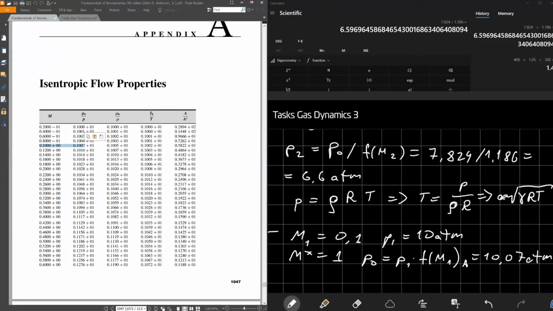Don't forget about units. No matter which units of pressure you are using, you always receive a correct result. But in the calculation of the temperature ratio, you need to always use Kelvin. And in the calculation of the equation of state, this one right here, you always need to use SI units: density in kilograms per meter cubed, the gas constant in joules per kilogram Kelvin, and temperature in Kelvin.